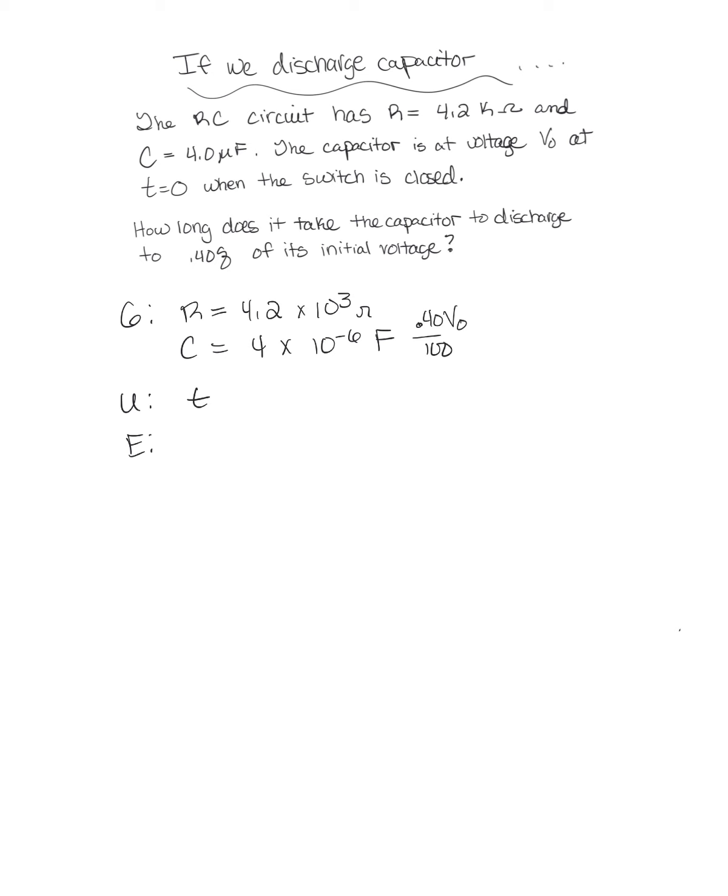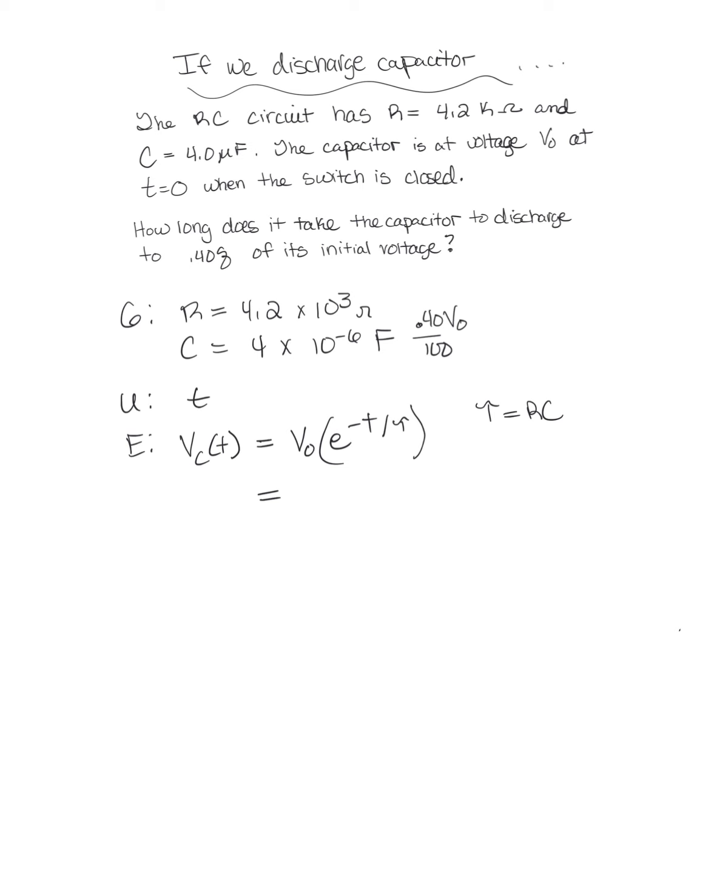And the equation that we'll use here for discharging capacitors is V of C equals V initial times e to the minus t divided by tau, which in this case, remember, tau equals RC.